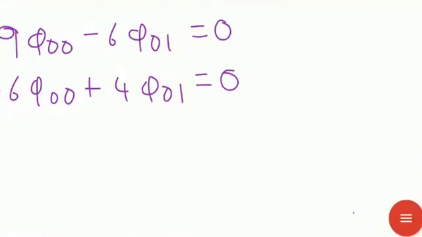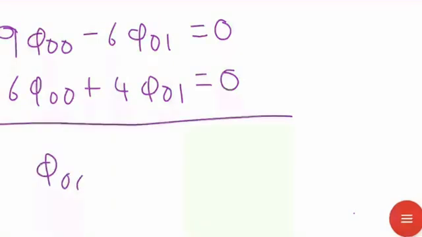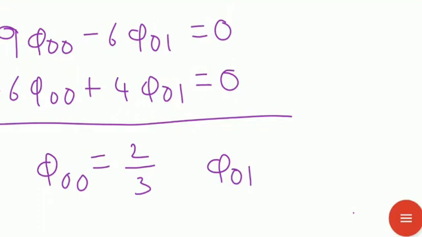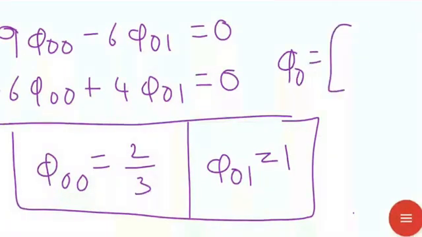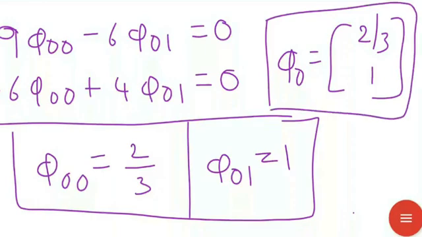After simplifying these two, you may get phi naught naught is equal to 2 by 3, phi naught 1 is equal to 1. Try it yourself and check it once. So now phi naught is equal to 2 by 3, 1. This is the eigenvector for lambda naught.